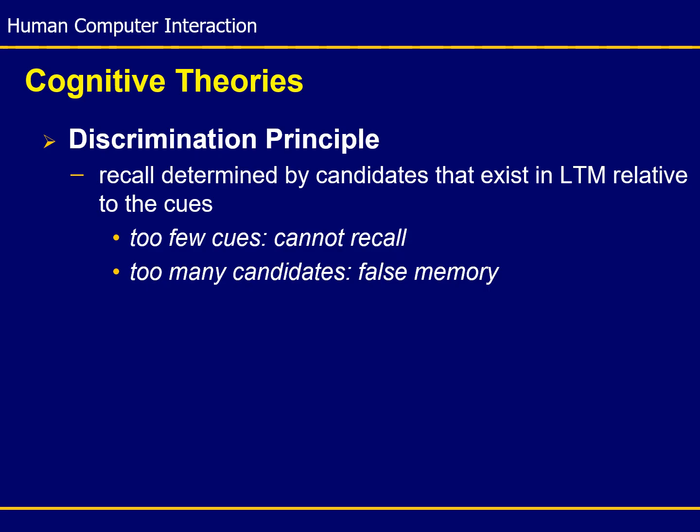And if you're not able to discriminate, you will remember lots of stuff that is not related, because you're basically going through them trying to figure out which one is the correct one you're looking for, okay? That's why we say if you have too many candidates or too many cues, you will get false memory.